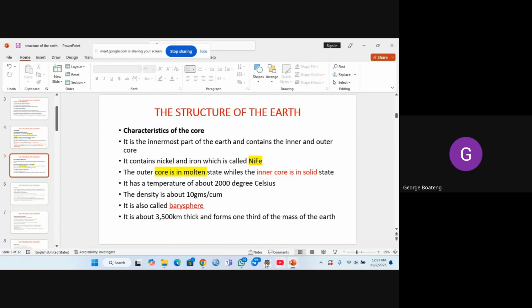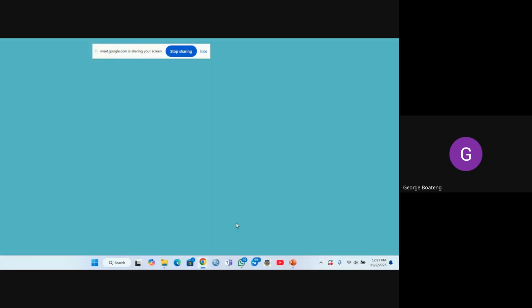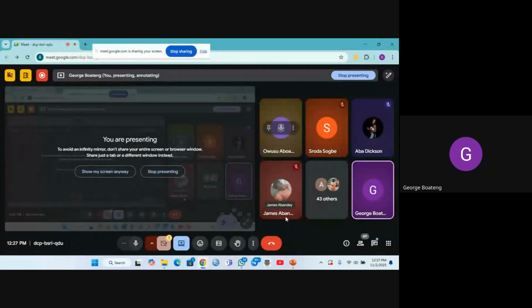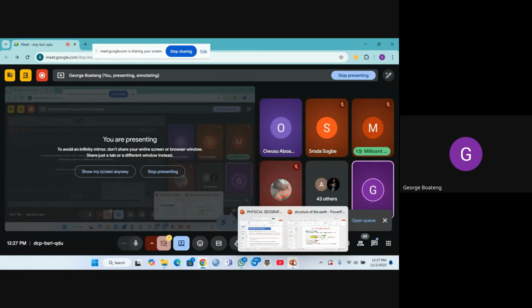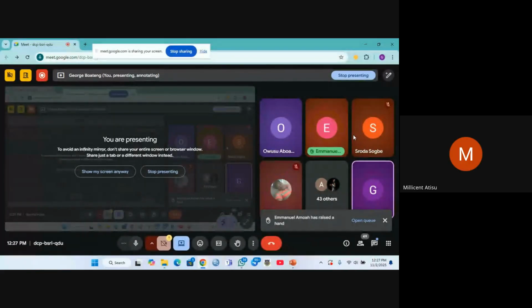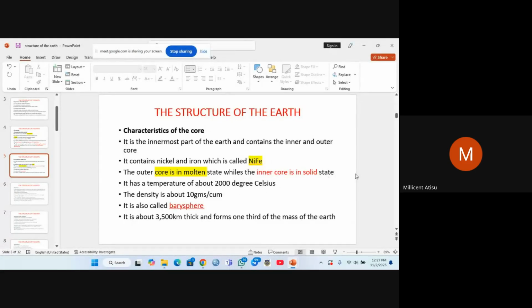Millicent: Sir, please, the inner core is solid and then the outer core is semi-liquid. Semi-liquid, thank you. Any other counter opinion?